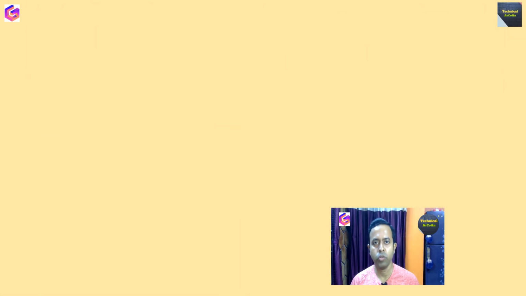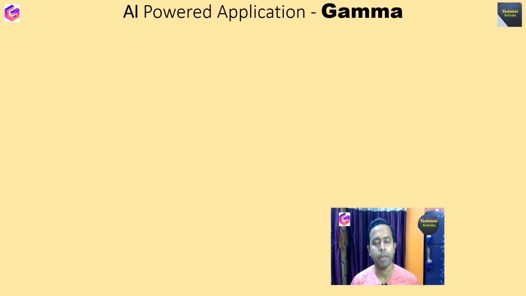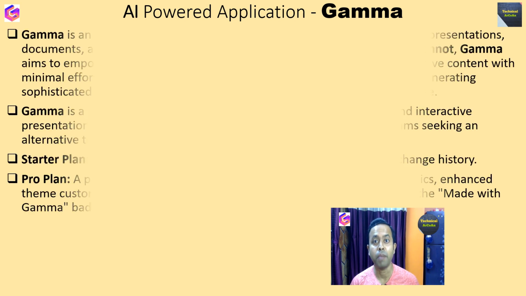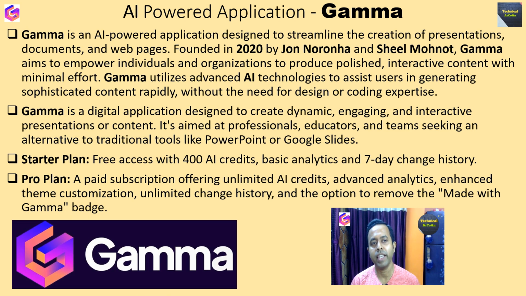So at first we should know what this AI powered application known as Gamma is. Gamma is an AI powered application designed to streamline the creation of presentations, documents and web pages. Founded in 2020, Gamma aims to empower individuals and organizations to produce polished, interactive content with minimal effort.